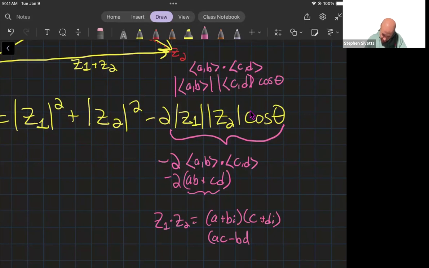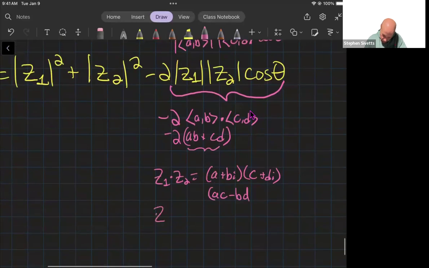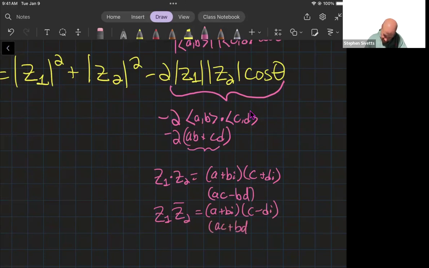But if this were Z1 times Z2 conjugate, a plus bi times c minus di, the real component would be AC plus BD. That's what we see right here. Okay.